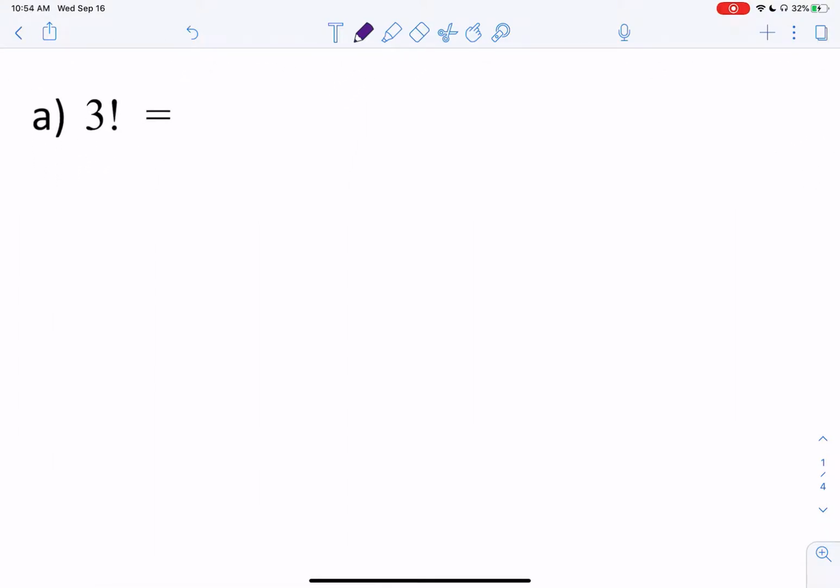So to calculate the factorial, I do 3, and then I multiply that by the number below it, and the number below that until I get to 1, and that is where I stop. So 3 times 2 times 1 is going to give us 6. So 3 factorial is equal to 6.